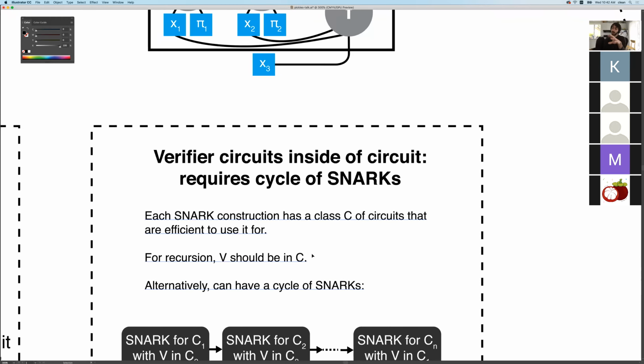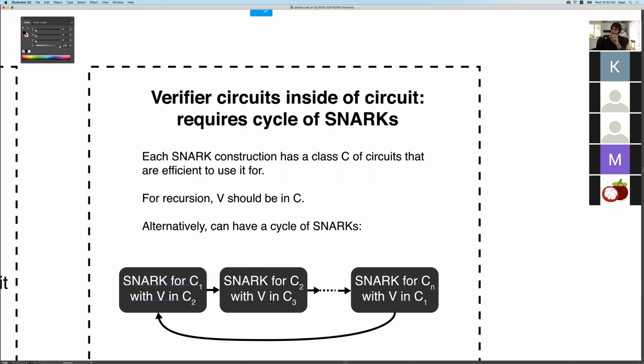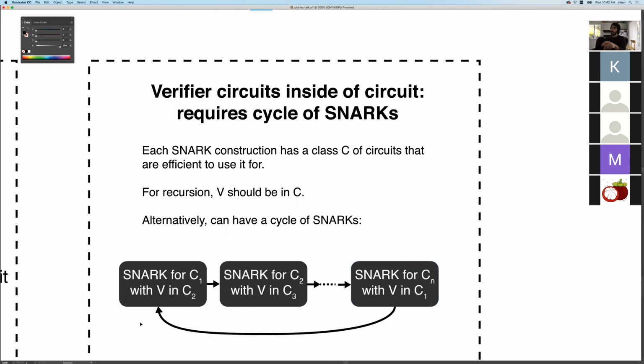What is a cycle of SNARKs? It's the following kind of arrangement. It's a sequence of SNARKs such that we start off with a SNARK for a class of circuits C1, whose verifier is in a class C2, then a SNARK for C2, whose verifier is in a class C3, and on and on, up to the nth SNARK, which will be a SNARK for some class of circuits Cn, whose verifier is in the original SNARK's good circuit class.